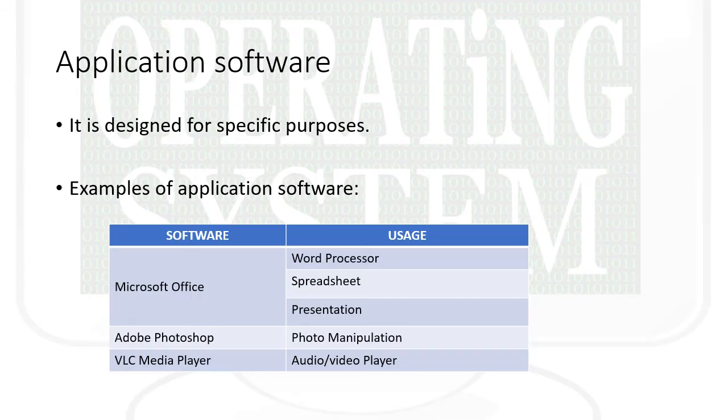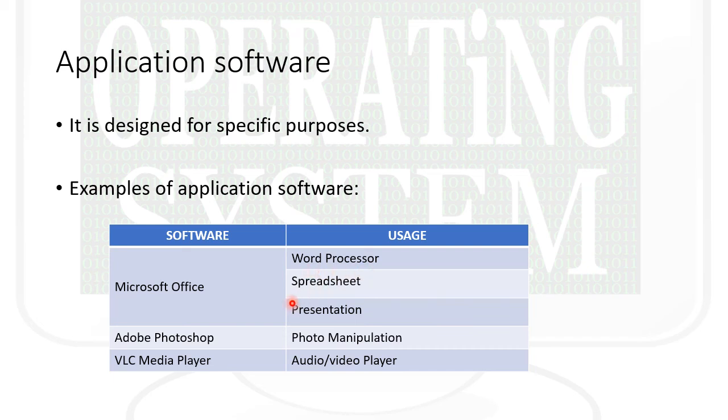Application software is designed for a specific purpose. It can do only a particular task. Examples of application software are Microsoft Office, and here we can see Microsoft Office can be used for word processing. That means MS Word is used only for word processing.